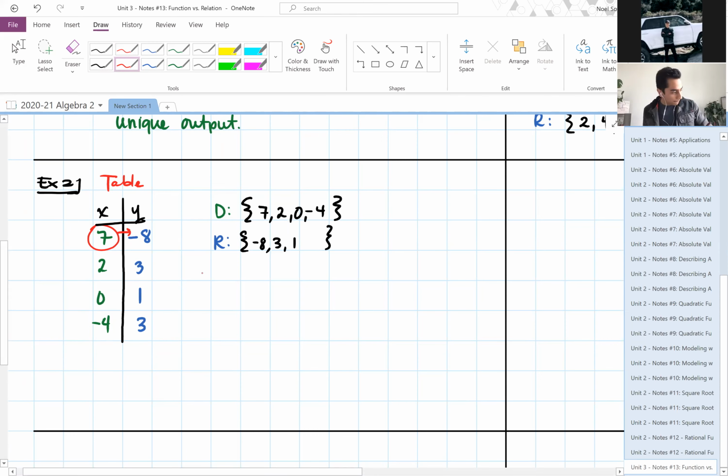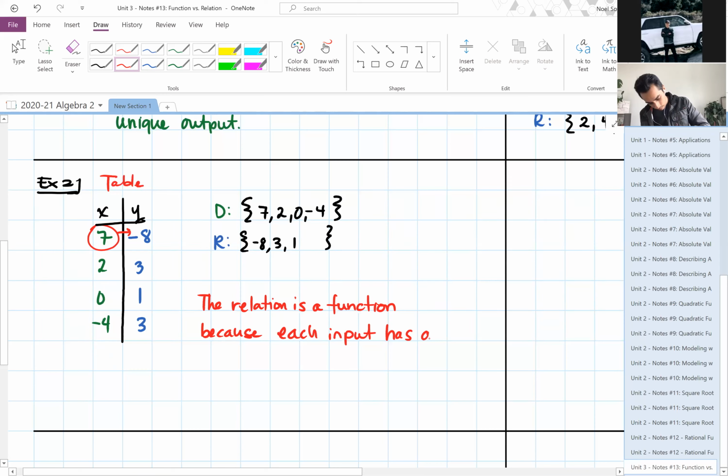So the relation is a function, okay, because, and this is key, each input has a unique output.